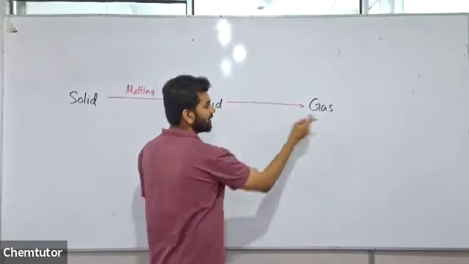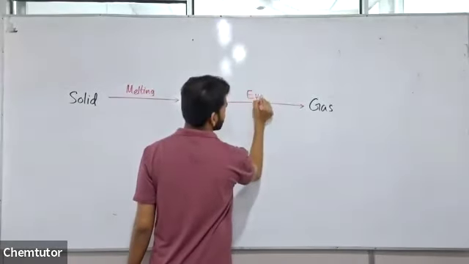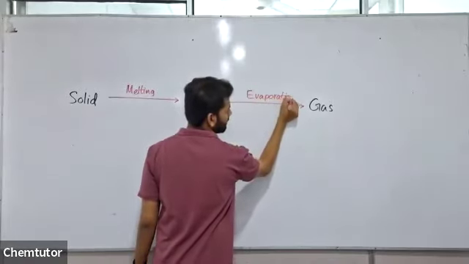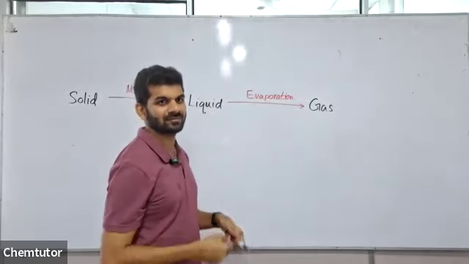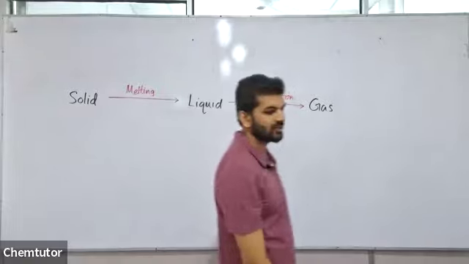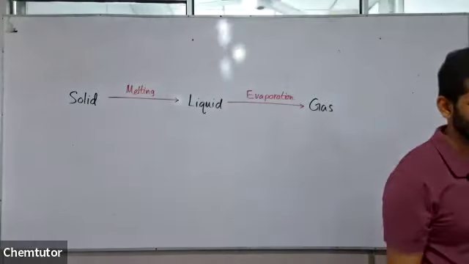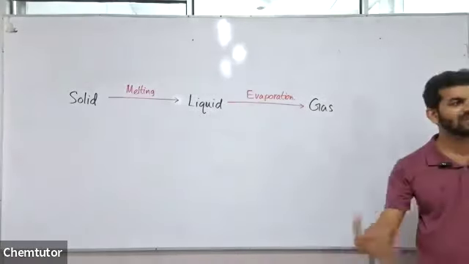Liquids are heated and they will be evaporated into gases. We can't write evaporation, we should write boiling. Evaporation takes place by boiling. Boiling is the process; by boiling, evaporation takes place.